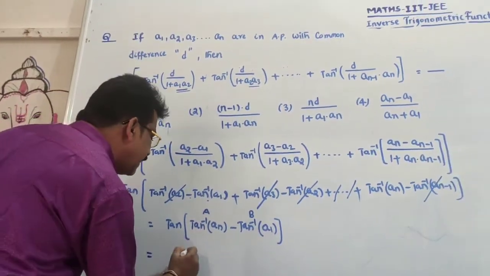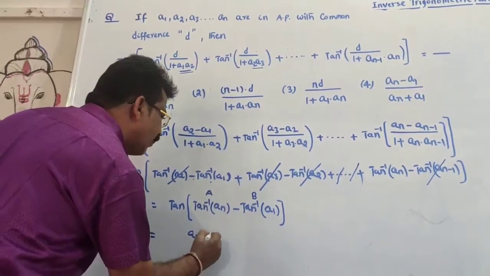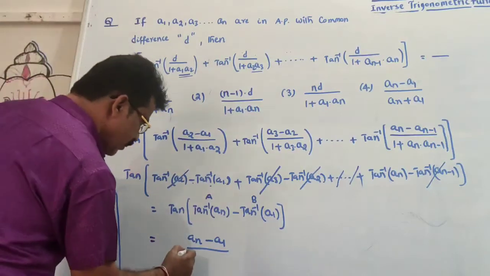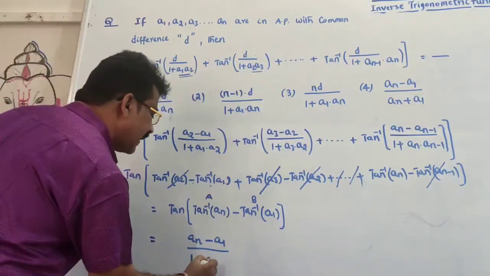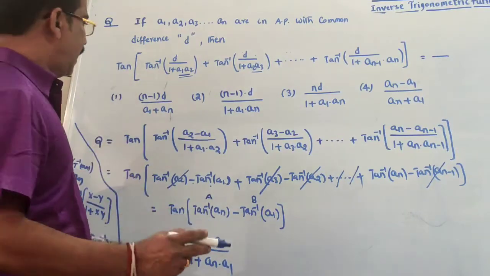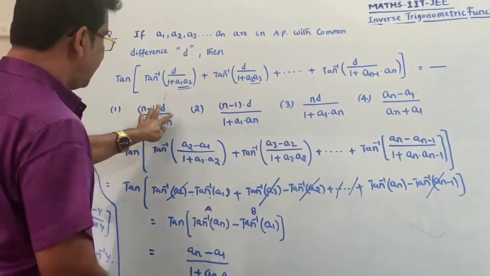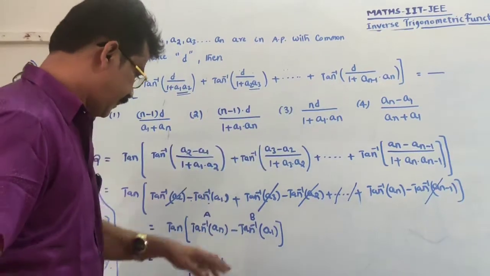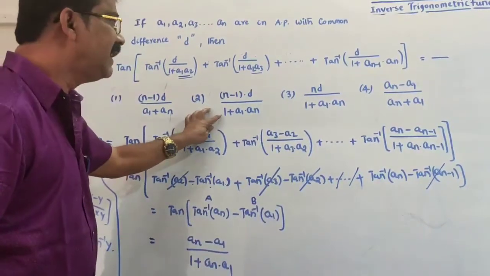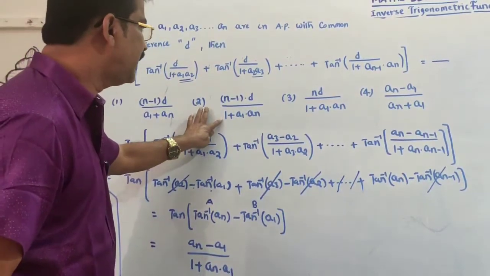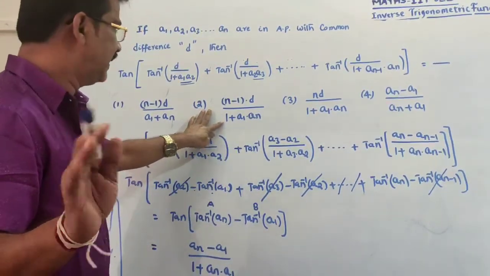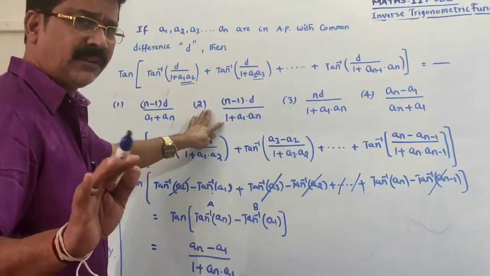So using that, it remains only an minus a1 divided by 1 plus an into a1. First you verify the options. An minus a1 is not there in the denominator, but an into a1 is in the second option and third option also. The answer may be in the second option or third option. The others are out of question.